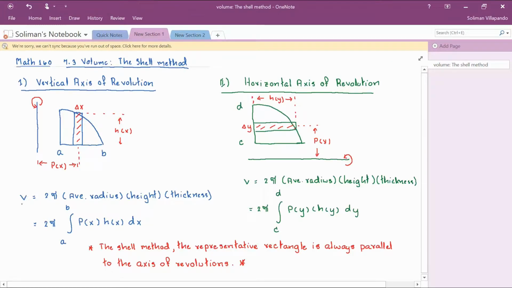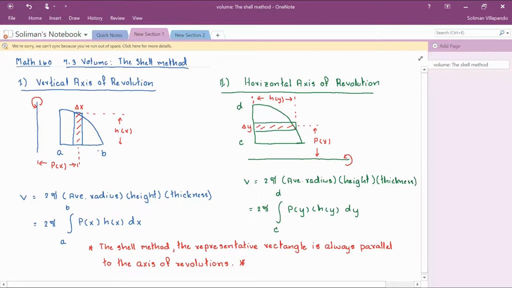To find the volume, it is equal to 2 pi times average radius times height times thickness. So 2 pi, and the integral from A to B.